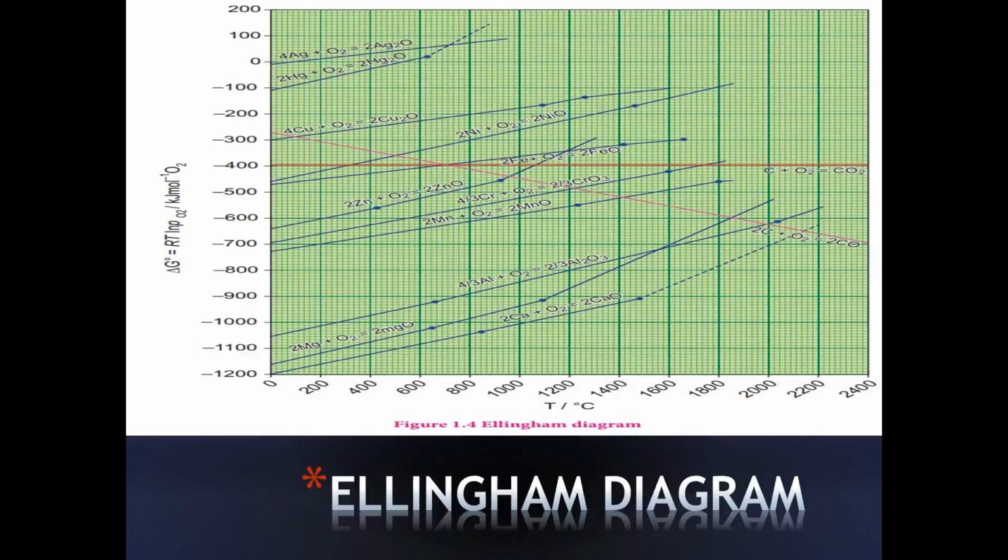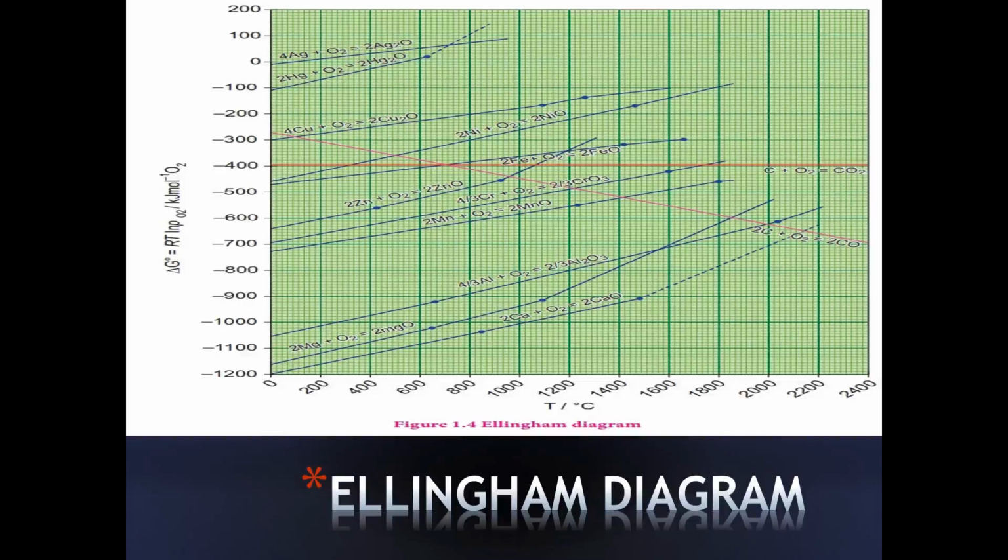On the y-axis there are negative values, and 0 is on the top. The temperature's 0 value is in the correct place, but the del G values are all minus: minus 1200, minus 1100, minus 1000, minus 900, like that up to 0. So there are more negative values.